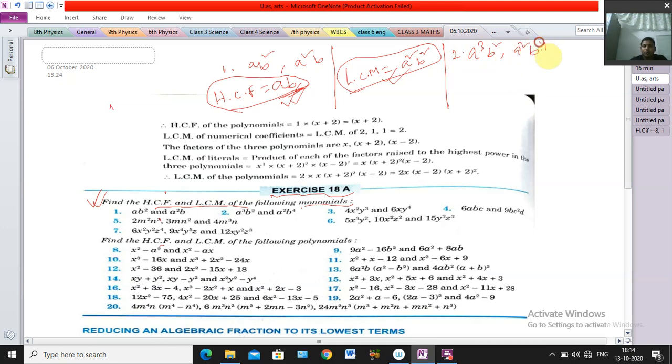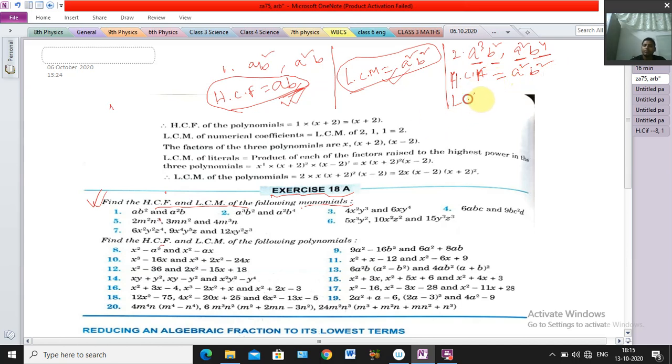It is the same question, only the data are different, so we have to find the LCM and HCF. At first we find the HCF. Here A cube is given and here A square is given, so for HCF we take A square. And for B square and B to the power 4, for HCF B square will be taken. Understood? Clear?